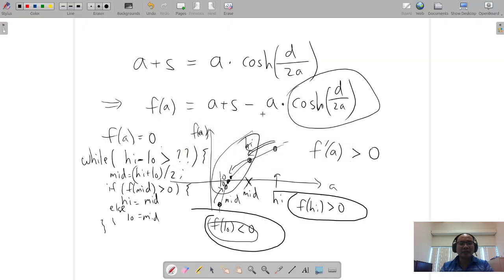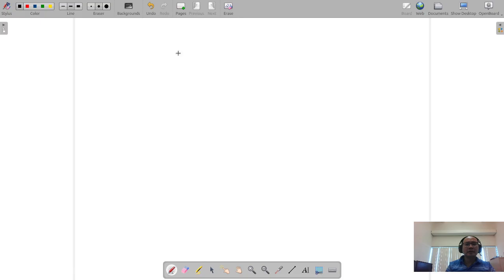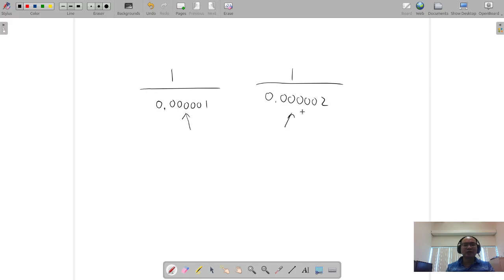What I mean by that, if I have something like 1 over 0.00001, that's actually a really big number, right? Even if I'm wrong by a little bit, that doesn't look like much. From the point of view of this number, it's very close. It's correct up to the first 5 decimal digits. You're only wrong on the 6th one, and only by a little bit. But when you divide by it, that can really blow up, right?